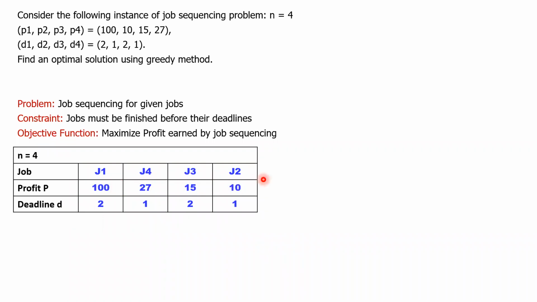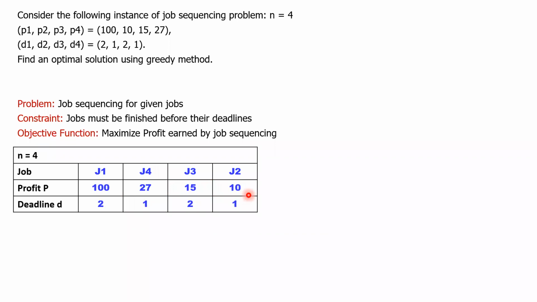But now I have reordered the jobs as per their profits in the decreasing order of profit. So J1 has the highest profit of 100, then J4 is the next highest profit, 27, J3 15, and J2 10. So I have reordered the jobs as per their decreasing order of profits, from maximum profitable job to least profitable job.